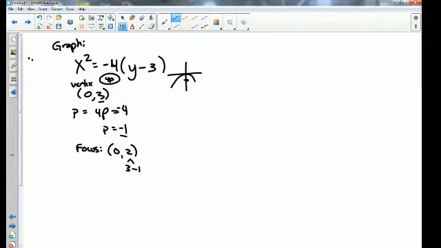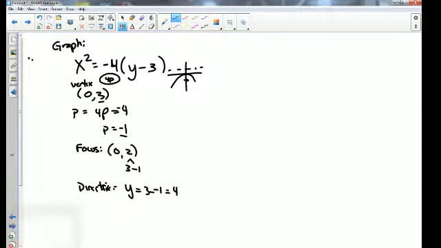So there's our focus. What about our directrix? Up here, right? It's an equation because the directrix is a line, so y equals three minus negative 1, which is 4. Right, so we're just playing with the p value.